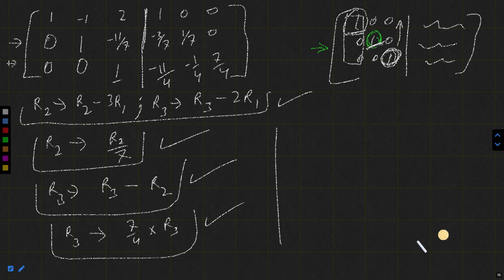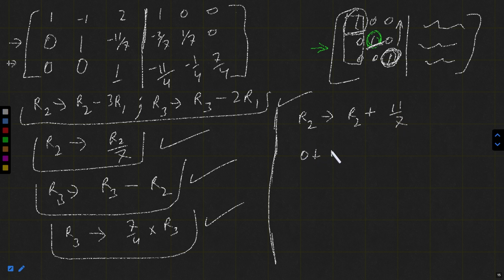Okay. Now what will I be getting? Quite simple. So R2 now will be R2 plus 11 by 7. Yes. So this means what? 0 plus 0 multiply, you will have this entry as 0.